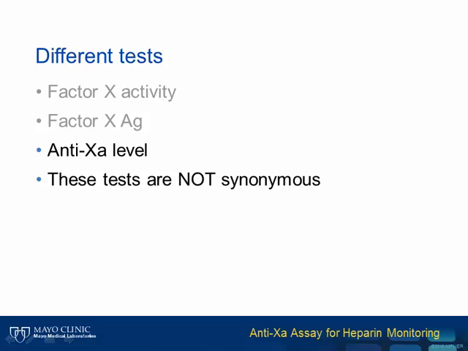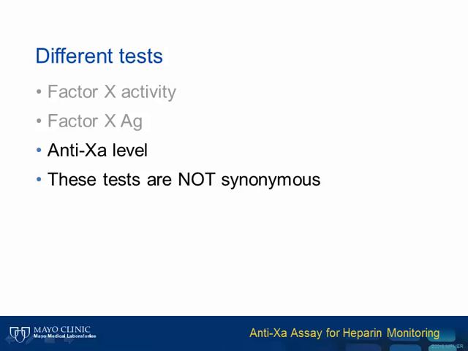However, laboratories may offer various anti-10A assays because this testing principle can be used to monitor other indirect 10A inhibitors, such as low molecular weight heparin and fondaparinux, or oral direct 10A inhibitors, such as rivaroxaban.